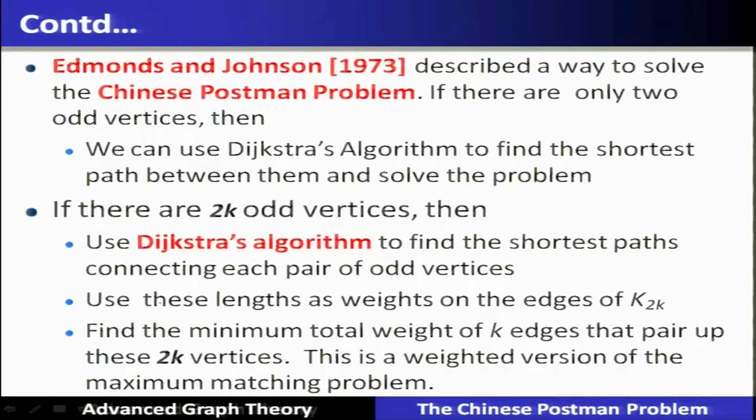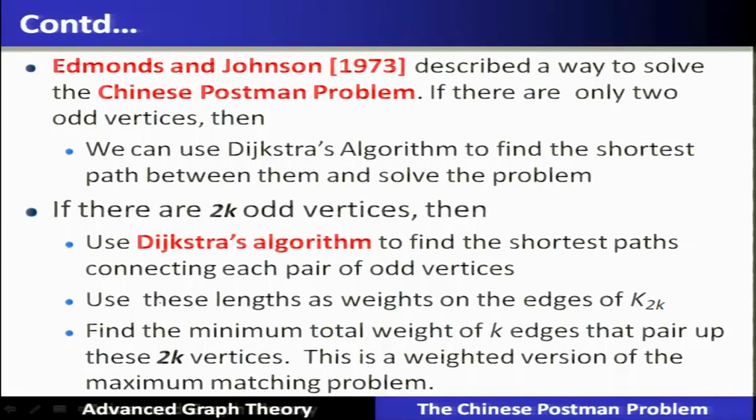So in this way, instead of direct edges, indirect edges are applied. Why? Because when we apply Dijkstra's shortest path algorithm, it will find the shortest path between 2 odd vertices, and that shortest path will be added, whether it is a direct edge or a path connecting the 2 vertices.